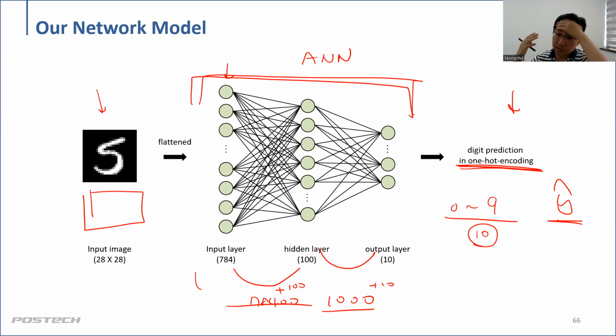Then you can get some idea of the complexity of the optimization problem. These are the total number of unknowns, not the data set. We have to estimate all the unknowns, and we're gonna use backpropagation, or I'm gonna say gradient descent.